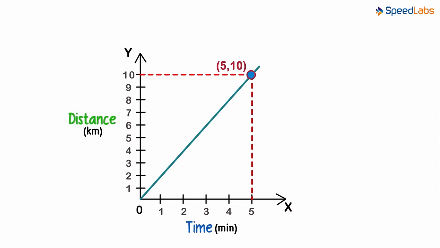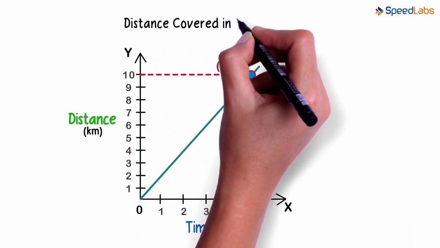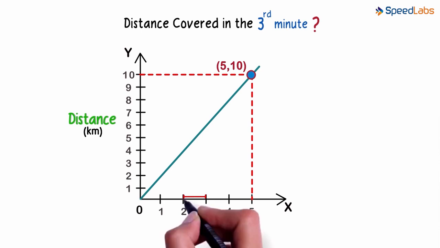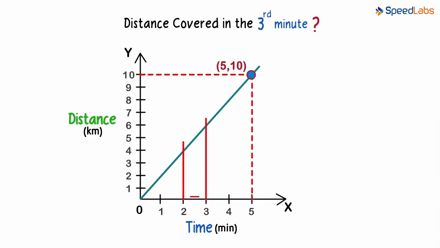Now listen to the next question carefully. If we want to calculate the distance covered in the 3rd minute, how would we do that? I just want to know the distance covered in the 3rd minute. I'm talking about the distance covered in this duration. Let's have a look. We draw 2 lines vertically up from the 2nd and the 3rd interval on the x-axis until they intersect the line.